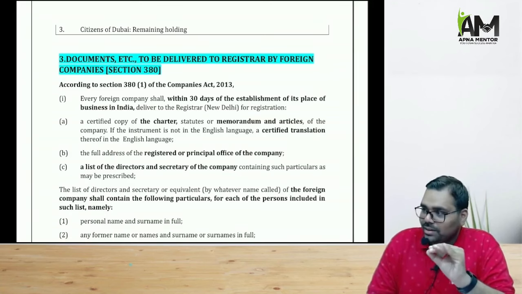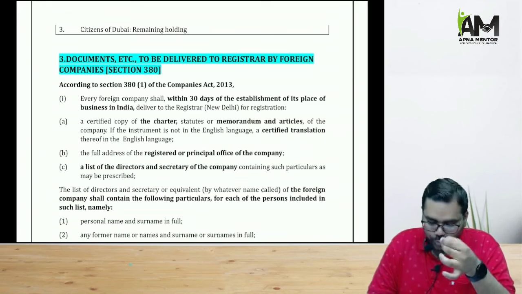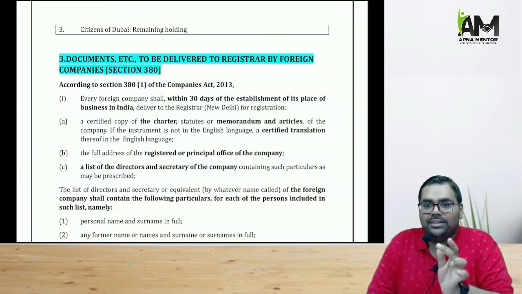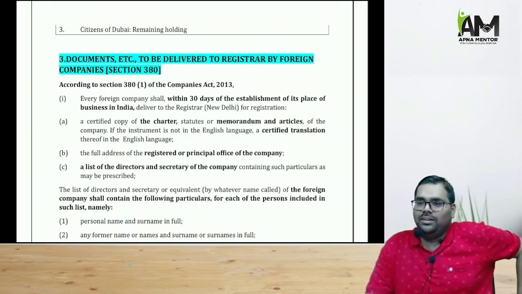So that should be translated by a certified person, so that those copies are true and fair. So that is something you submit. Logical, no?